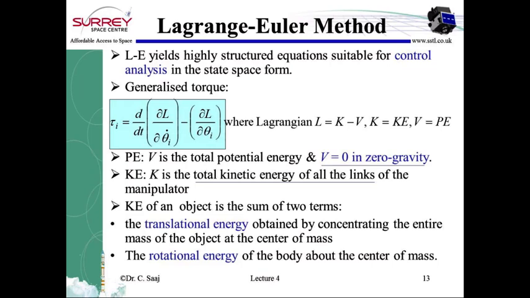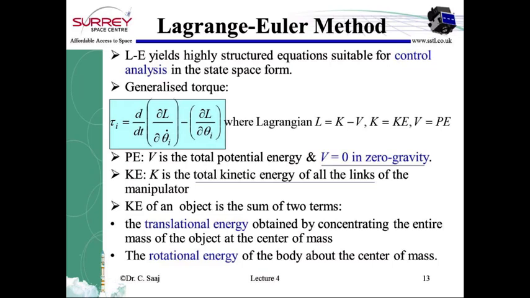Let me repeat it. So the joint torque of the ith joint is defined as d/dt of ∂L/∂θ_i dot minus ∂L/∂θ_i.